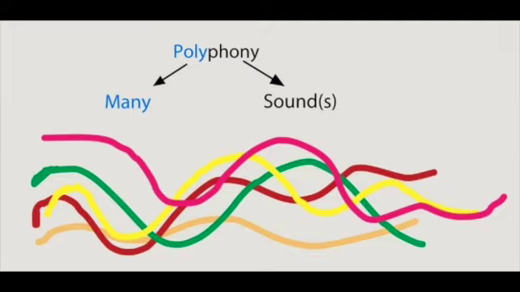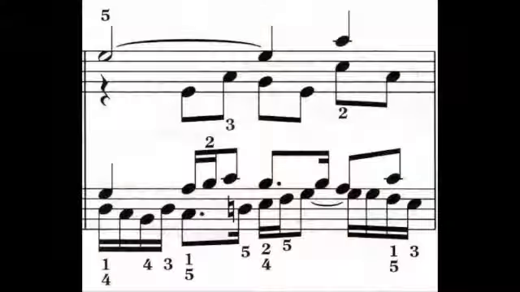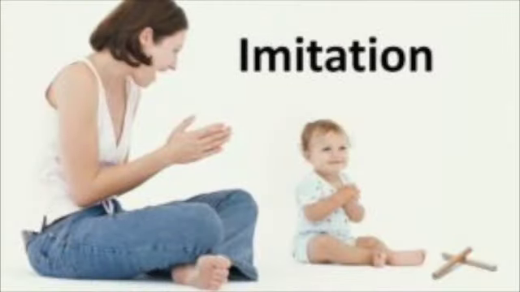A word often used for polyphonic texture is contrapuntal, which comes from the word counterpoint, which is the technique of writing two or more melodies that fit together. Strictly speaking, contrapuntal refers to the texture, and counterpoint to the technique of producing that texture. One writes counterpoint to produce polyphony, but in practice, the two terms are used interchangeably. Imitation.